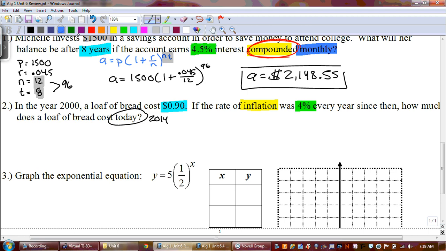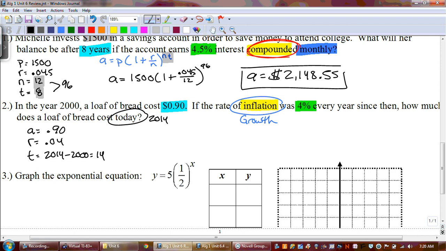Okay, now inflation, that's growth. So we're going to use the exponential growth formula. We need to know what a is, which is the starting amount, which was 90 cents, the rate, which is 4%, 0.04, and the time. So we need to know the difference between 2014 and 2000, which is 14.